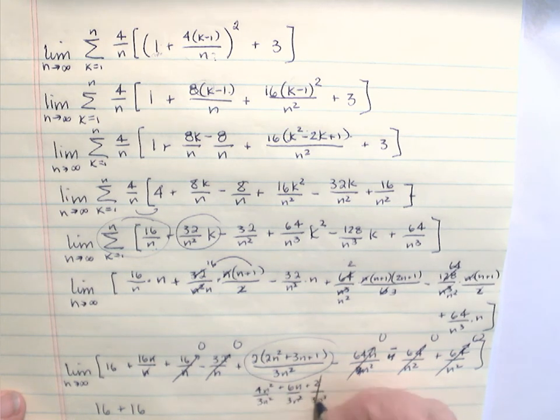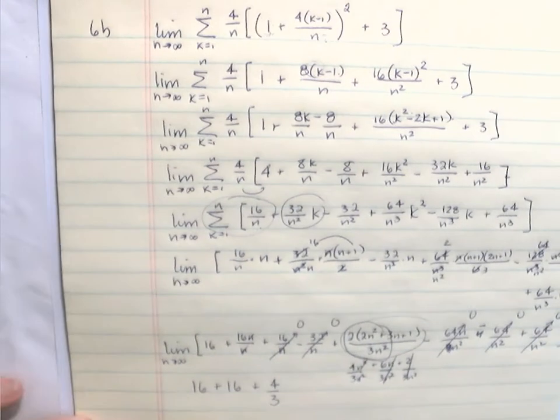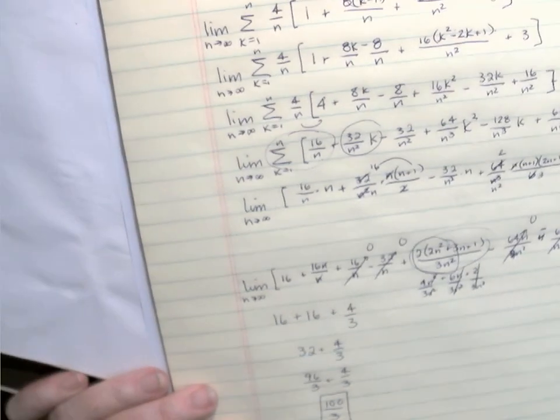So everything's going to go away except for the higher powers. And that will leave me with plus 4/3. So really I end up with 32 plus 4/3, which is 96 thirds plus 4/3, which is 100 thirds, as my exact area under that curve.